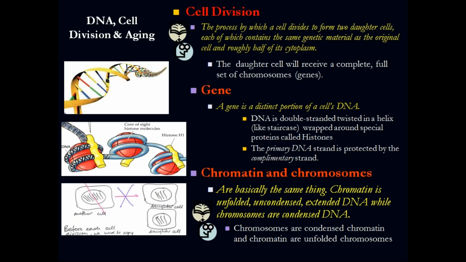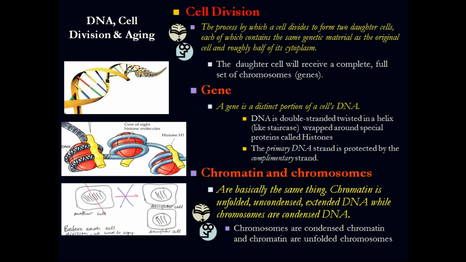All right, talking about cell division. What I want you to remember always about cell division is that all cells in the body are going to have cell division. Some cells are going to divide faster than others, especially the ones that can be affected by some chemicals, like for example chemotherapy.